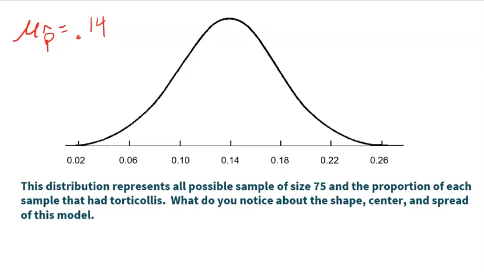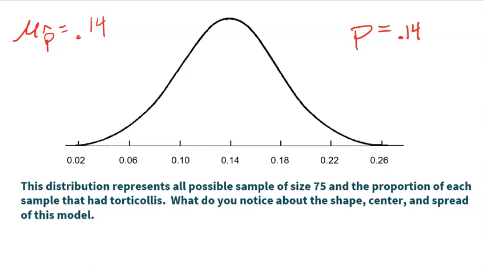That means that the true proportion of babies with torticollis is 14%, as long as I am unbiased, which I'm hoping I am. Unbiased means I'm selecting my samples randomly from all babies, not selecting anything but at random. Like if I'm just going to pick my favorite babies or the cute babies or the ugly babies, or if I'm only going to pick female babies, well, then obviously you're going to be biased. So I'm assuming this to be true.